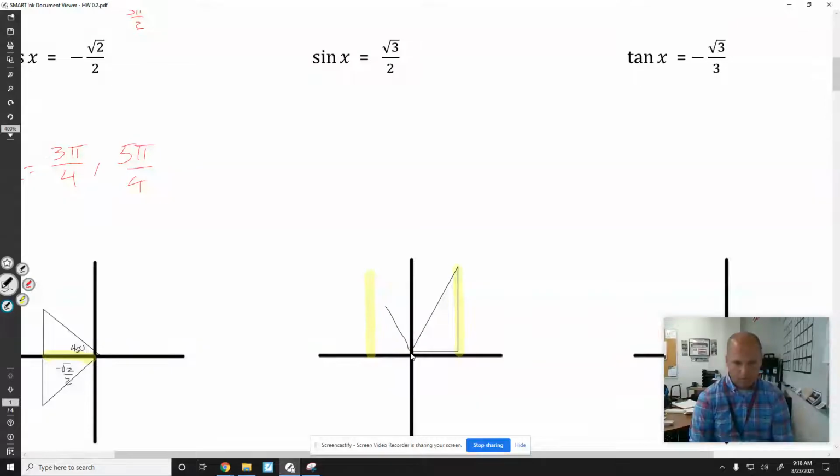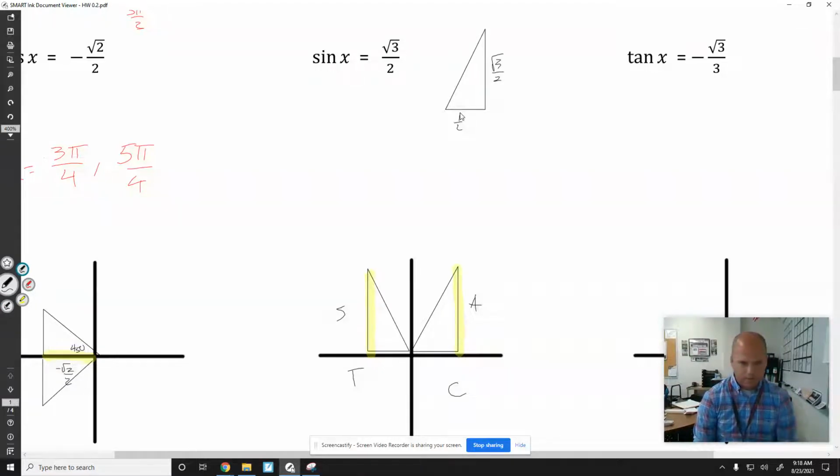Okay, and you guys, pick which way works, that you understand, that makes sense. Whether it's using ASTC or it's kind of drawing the lengths. I think maybe ASTC might help, and maybe just starting with, okay, when is the vertical side length root 3 over 2? Tall 30, 60, 90 triangle has a vertical side of root 3 over 2.